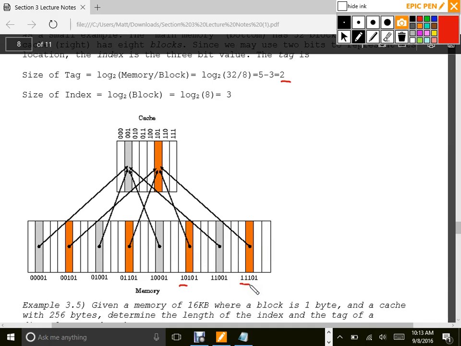So 10 and 11. That's what the 2 bits stands for in this case. The tag tells me, and the index indicates where it is in the cache. So if I have 101, I would need to swap this out and put 101 there to maintain the integrity. And the tag is telling me where it would be in the next level.